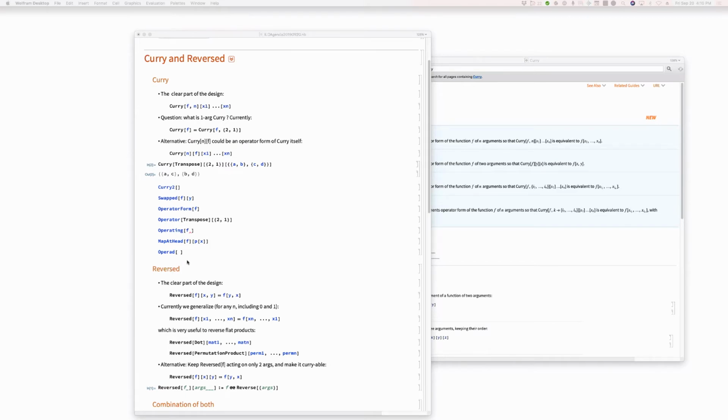Let's see. Well, provisionally, I'm beginning to think curry of n makes sense, and that we need something here that reflects.